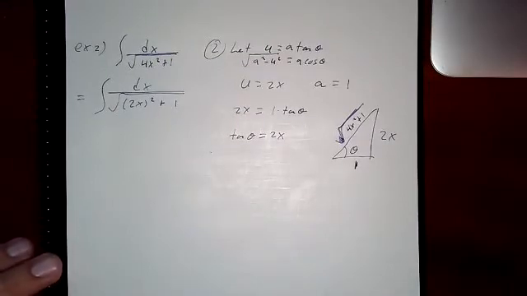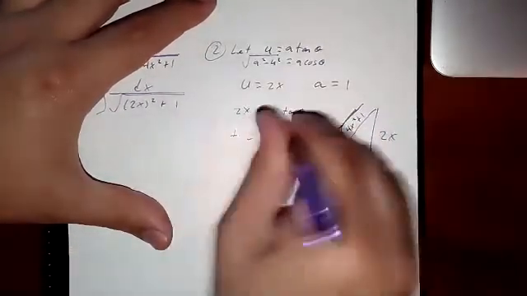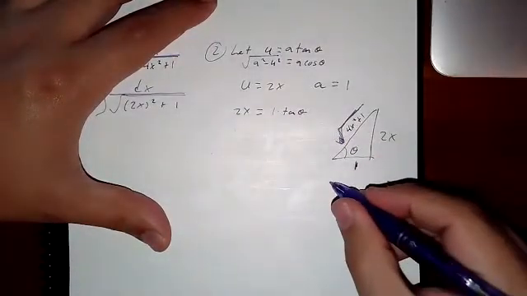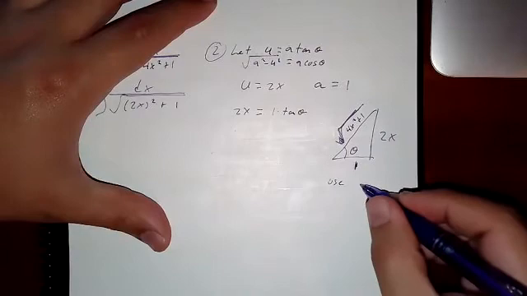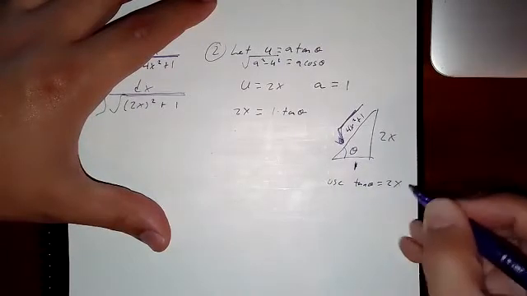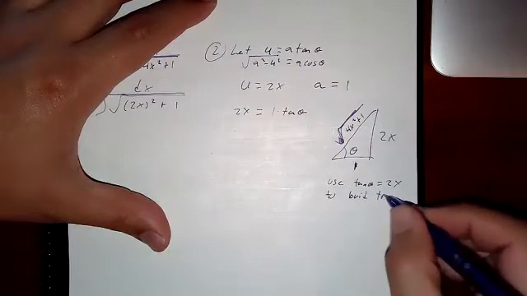Okay. Now, we kind of need x, not 2x, right? I'm going to move this piece somewhere else so it's neater. Use tangent theta equal to 2x to build the triangle.